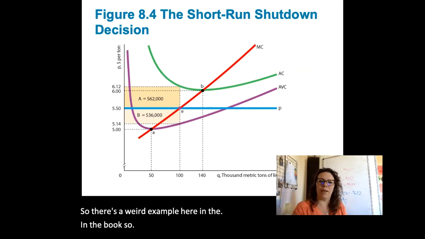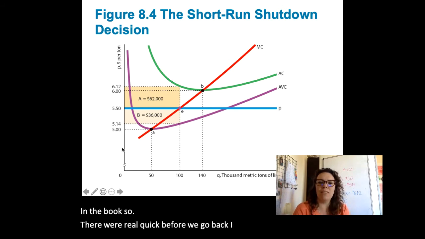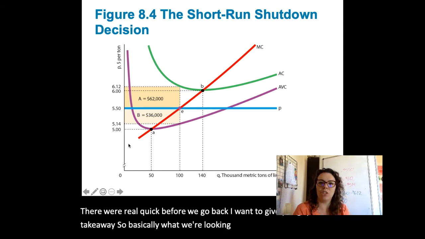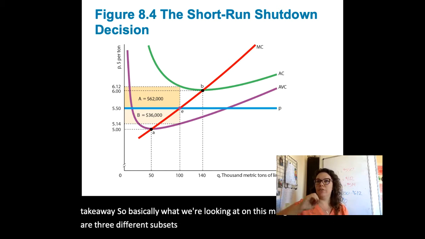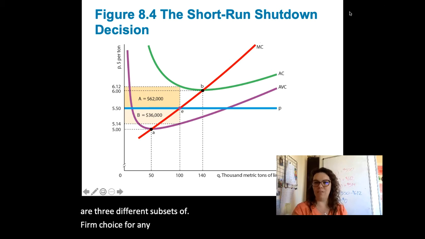Real quick, before we go back, I want to just give you guys the takeaway. So basically what we're looking at on this marginal cost curve are 3 different subsets of firm choice. For any market price above average cost, from point B on, the firm is going to operate.